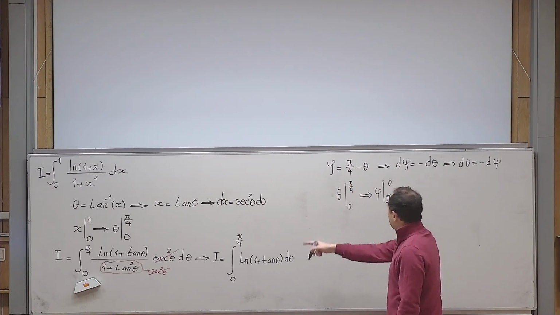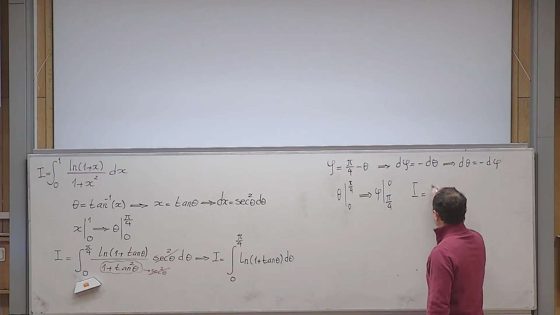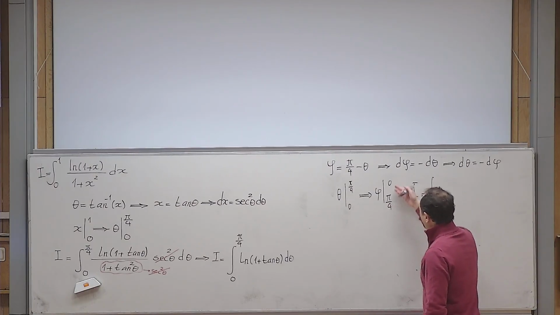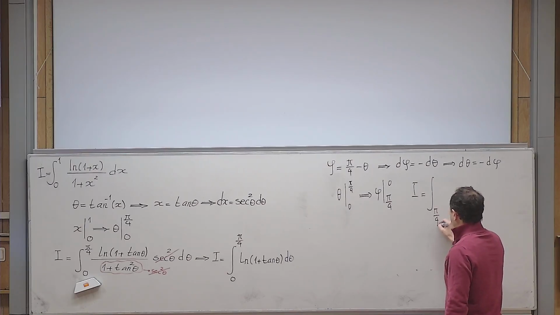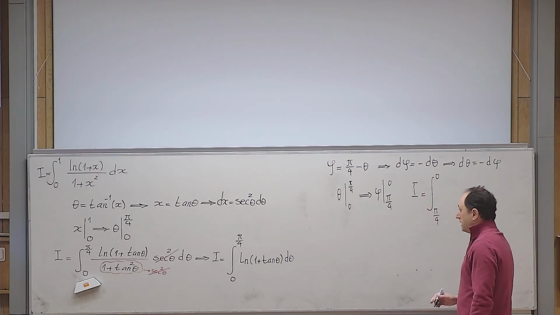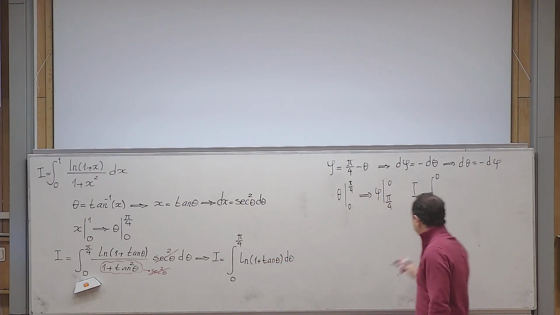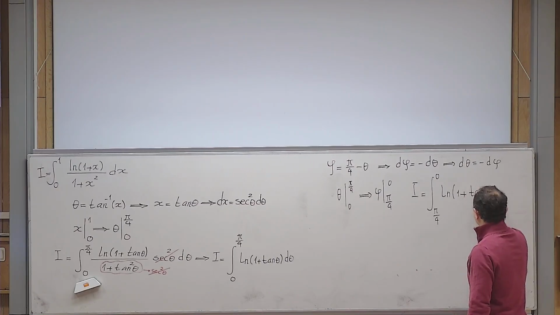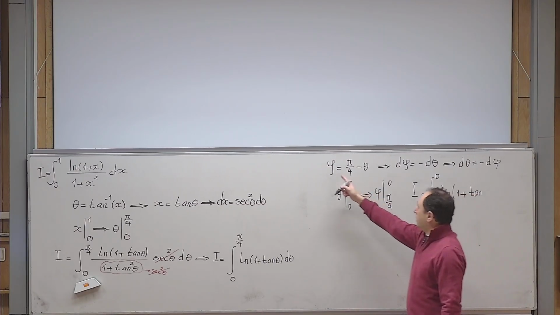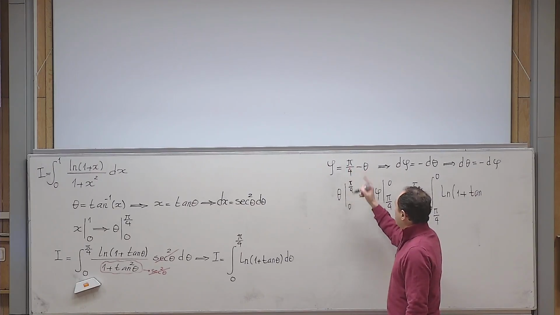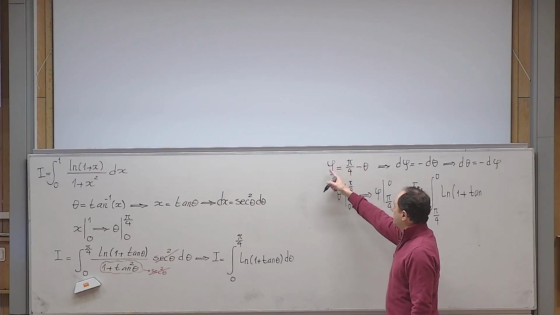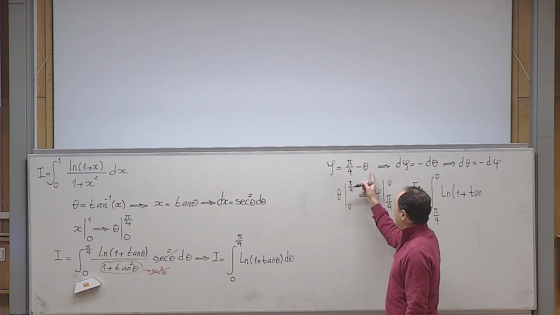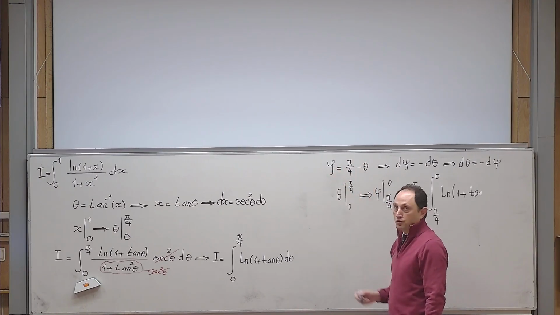Okay, so this integral I now can be written as integral from pi over 4 to 0 instead of the previous limits. And then this becomes ln of 1 plus tan of theta. But phi is pi over 4 minus theta. So if I move theta to the left and phi to the right, theta becomes pi over 4 minus phi.